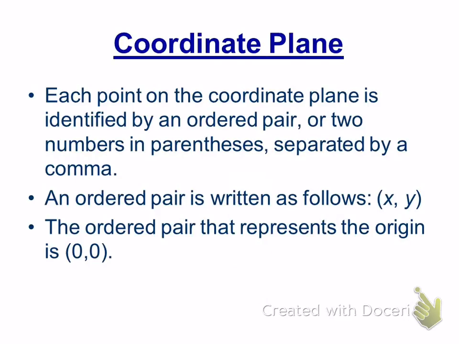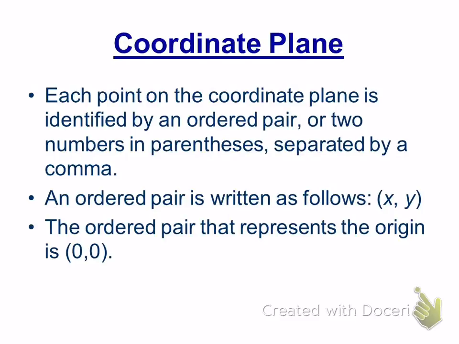All right? Now, each point on the coordinate plane is identified by an ordered pair, or 2 numbers in parentheses separated by a comma. An ordered pair is written as follows: x, y, and the ordered pair that represents the origin is 0, 0. We already know all of that stuff, right? How can you keep that together in your head?